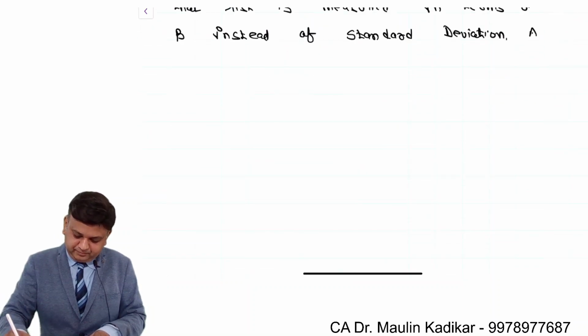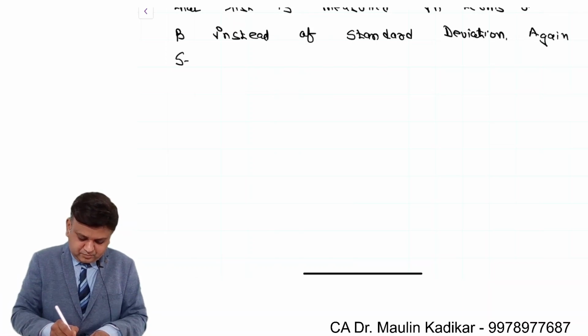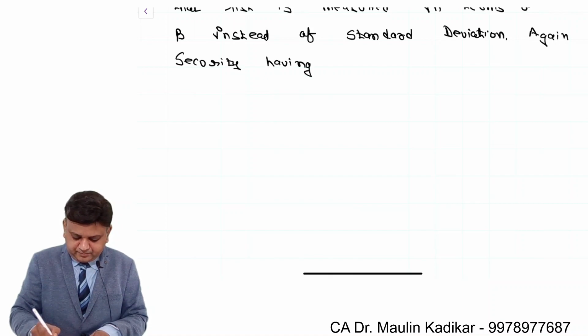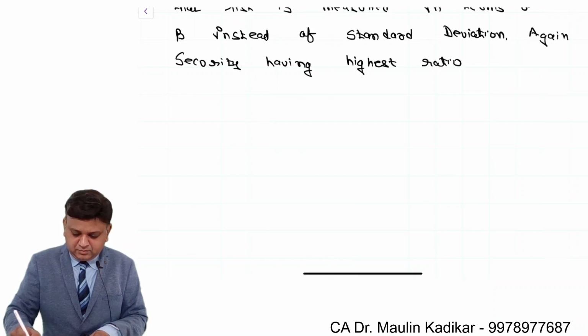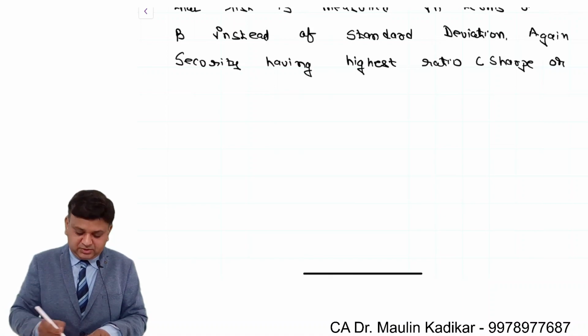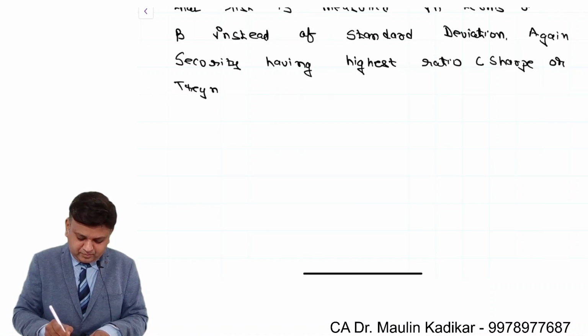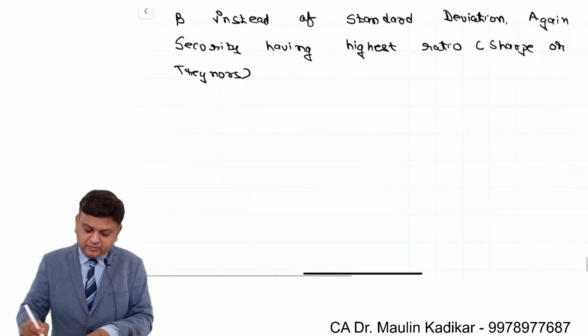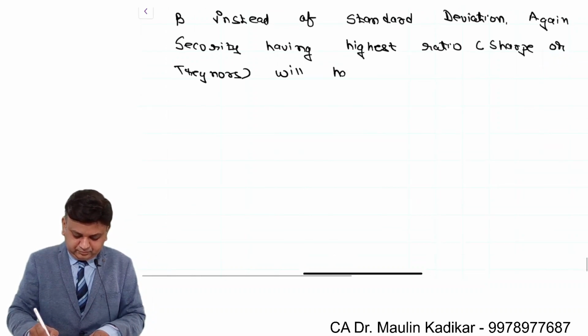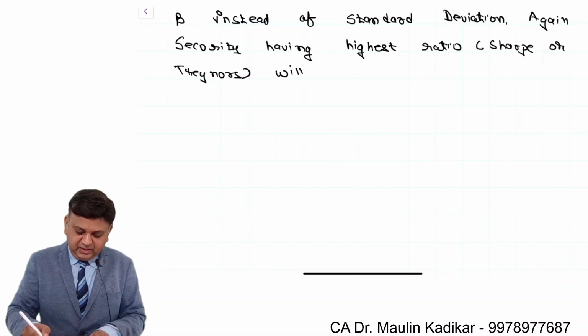Again, the security having the highest ratio (Sharpe or Treynor's) will be the best.